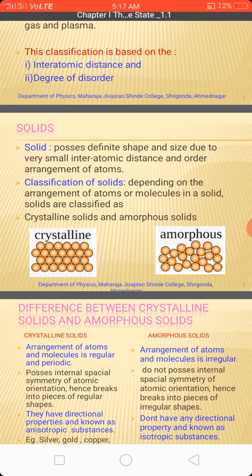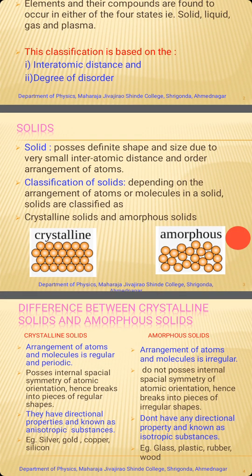What are solids? Solids are nothing but the materials which possess definite shape and size due to their very small interatomic distance and ordered arrangement of atoms. In solids, there is a regular periodic arrangement of atoms in three-dimensional space, or there will not be any such periodic arrangement.